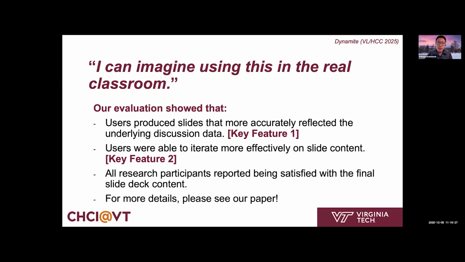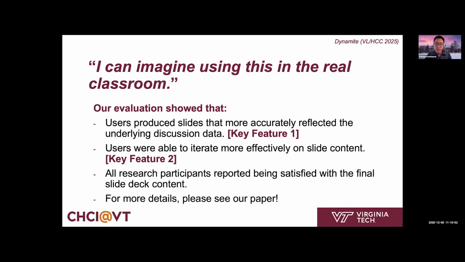Right, so our evaluation showed that users can produce slides that more accurately reflect the underlying discussion data, thanks to key feature 1, which maintains slide accuracy with semantic data binding. Key feature 2 also helps with rapid refinement, as we see more iteration, more refinement per slide.